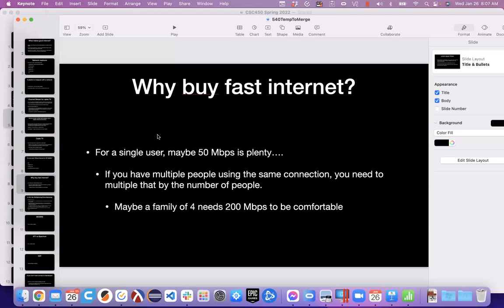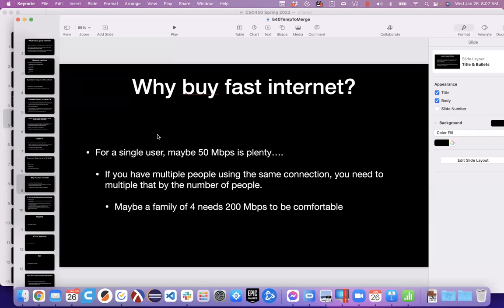Inside our house, we might have 10 or 15 different devices that are all vying for the internet, and maybe these devices in general don't take up a whole lot of bandwidth. Each one takes up some bandwidth, and that ultimately adds up, and that's why we need reasonably fast internet connections to support all of our devices.